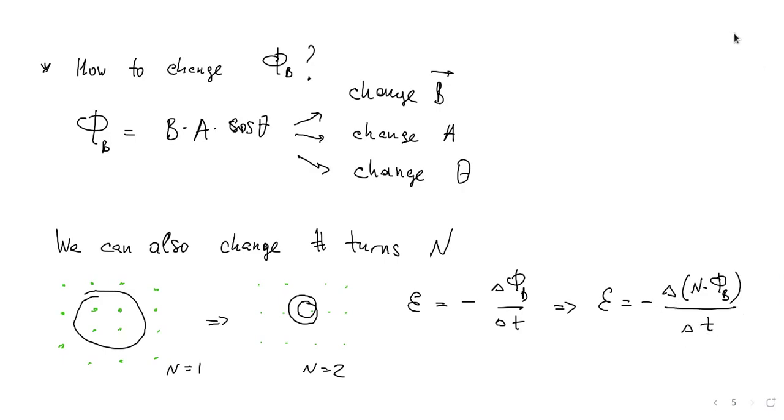But the number of turns is not a continuous value, so it's not easy to work with, because you cannot change continuously from 1 turn to 2 or 3 turns. It works better for an average induced EMF, when you have initial and final conditions, and you just take the difference in the fluxes. We will solve an example on this later.